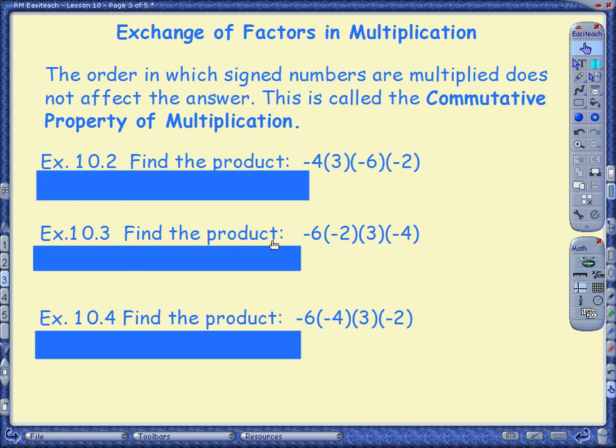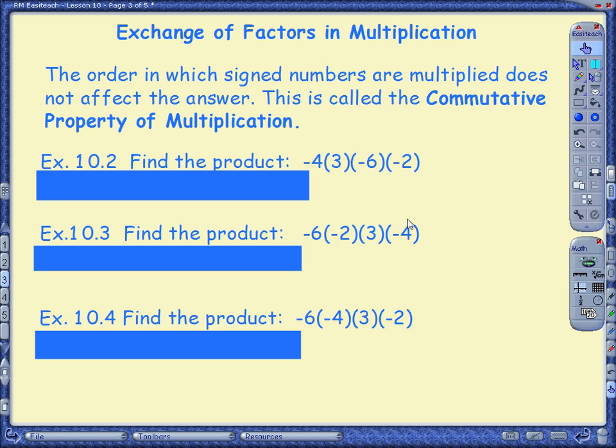Now negative 6 times negative 2 is going to be positive 12. So then we would have positive 12 times the 2 remaining factors, 3 and negative 4. 3 times 12 is 36, times the remaining factor, negative 4. And negative 4 times 36 is negative 144.